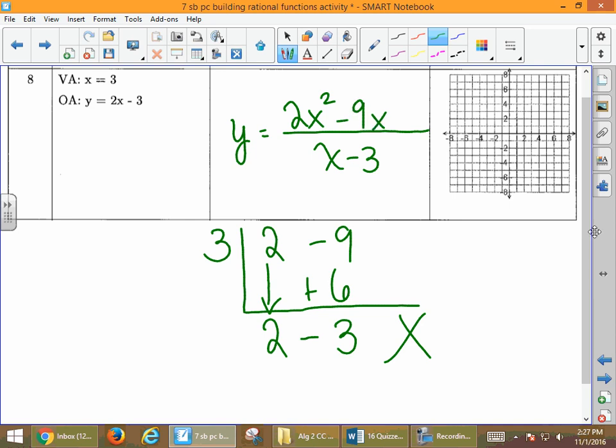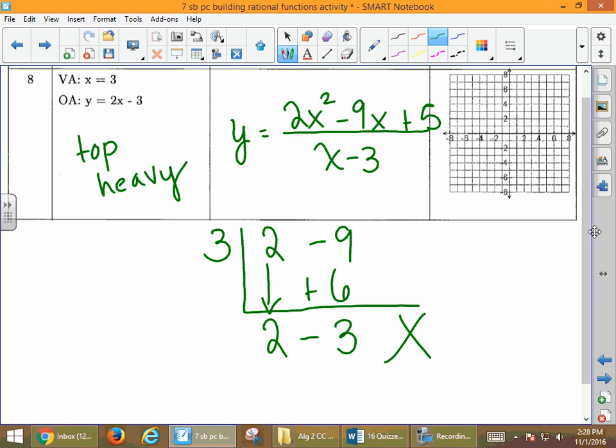We do want 2x squared because we need a top-heavy function when we're dealing with oblique. And then over here, it doesn't matter what you put. This number, it doesn't matter. But you need to be careful that you can't factor that and have something cancel out, because we don't have any information there about a hole.